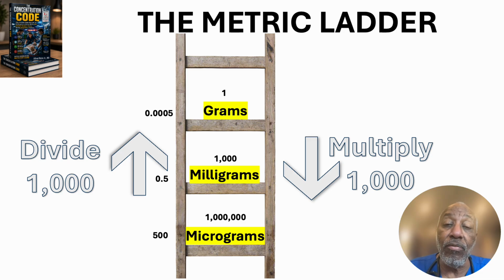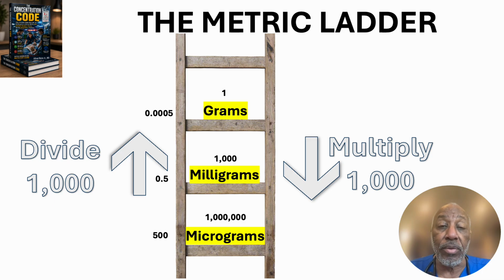Move down again from milligrams to micrograms. Multiply by 1,000. 1 milligram is equal to 1,000 micrograms. So 1 gram equals 1 million micrograms, which is just 2 steps down the ladder, each one multiplied by 1,000.